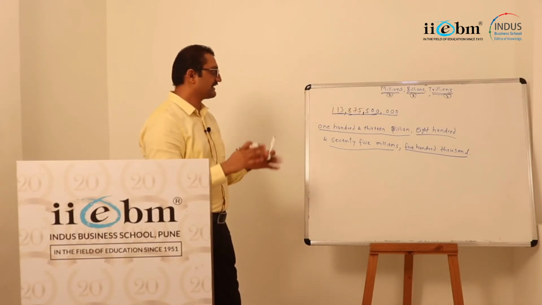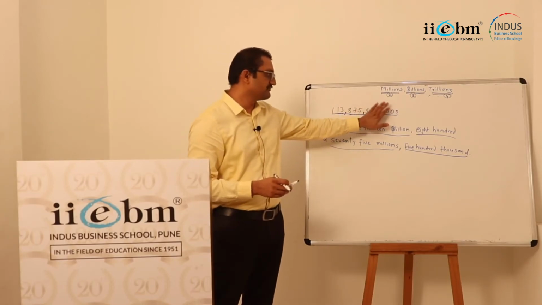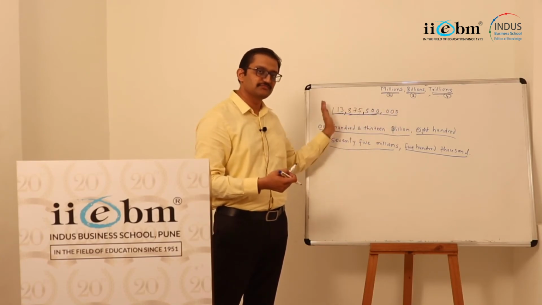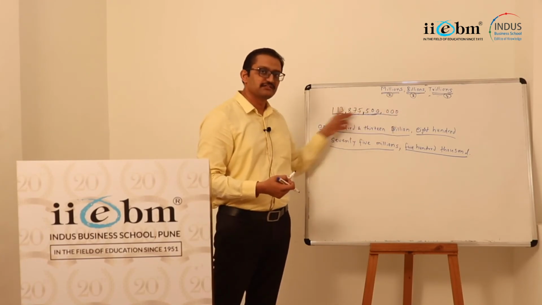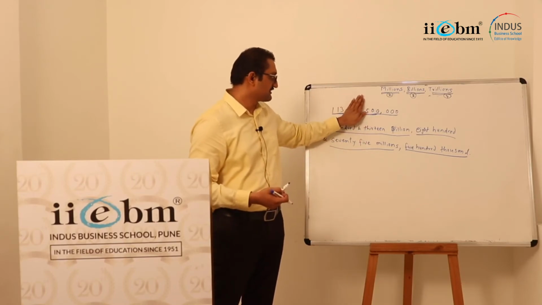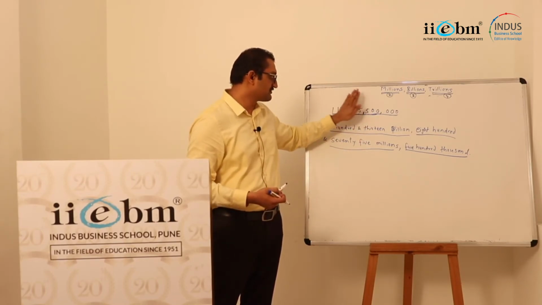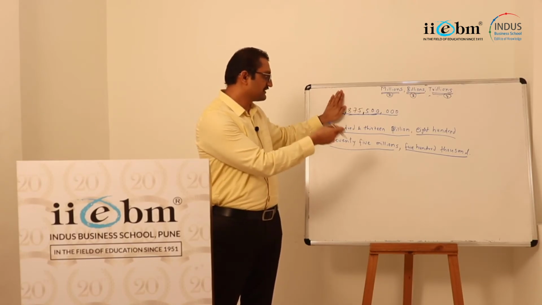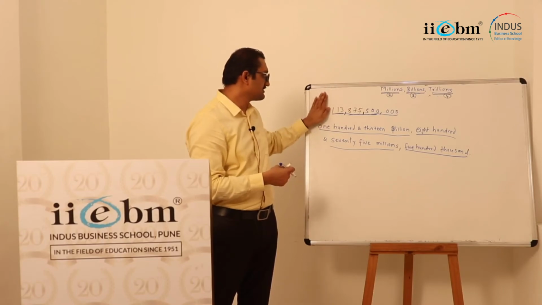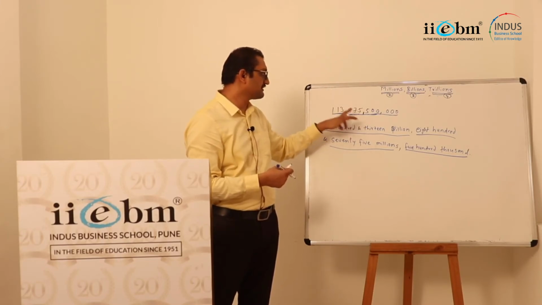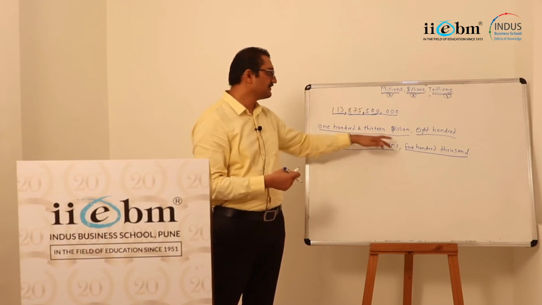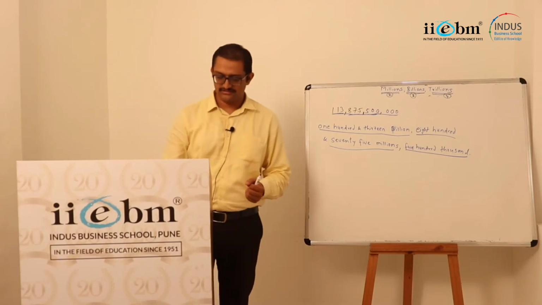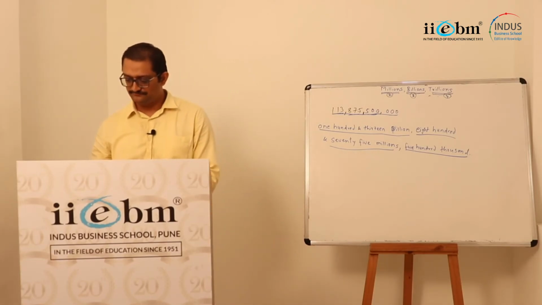So while understanding a particular number, if you are finding difficulty going in this direction, you can come to this number in reverse direction also. Like this number is 500,000, this number is 875 million 500,000, and this number is 113 billion 875 million 500,000. So in this way also you can read a particular number.